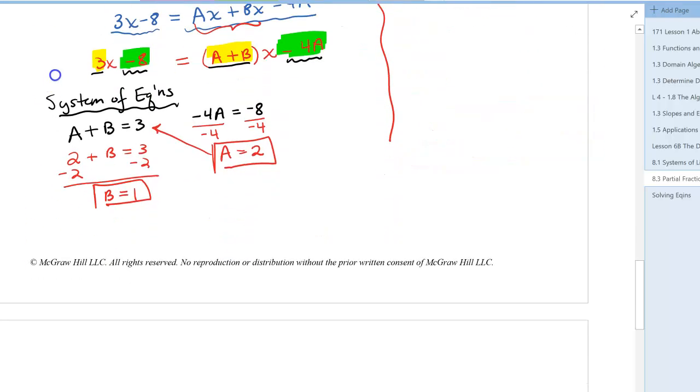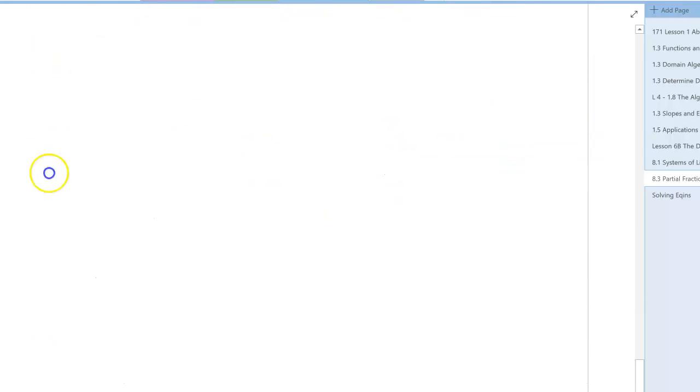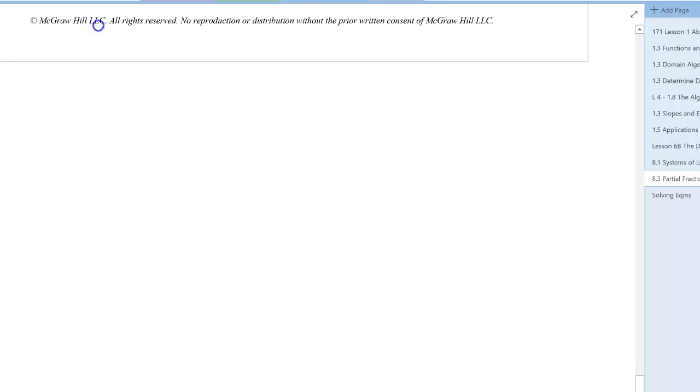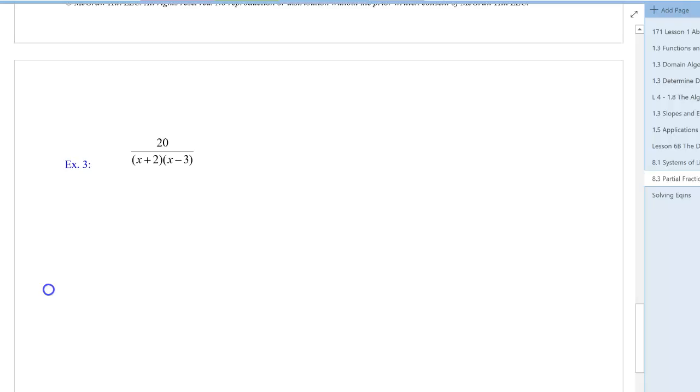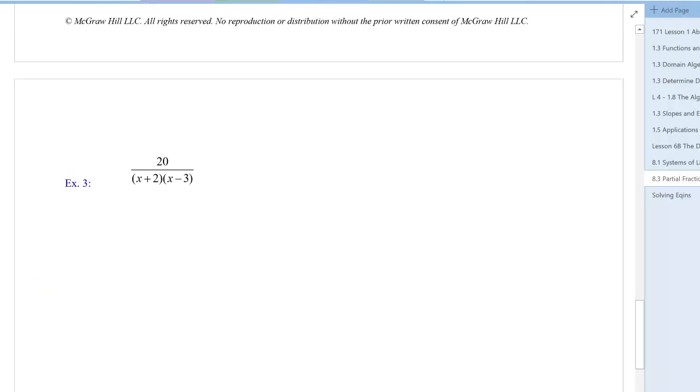There is one more example in this lesson, but what I would like for you to do is to try this one on your own, and we will discuss it when we return to class.